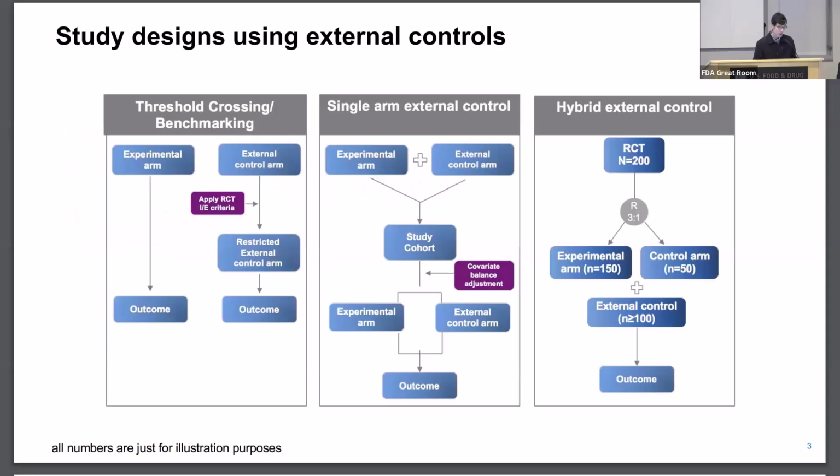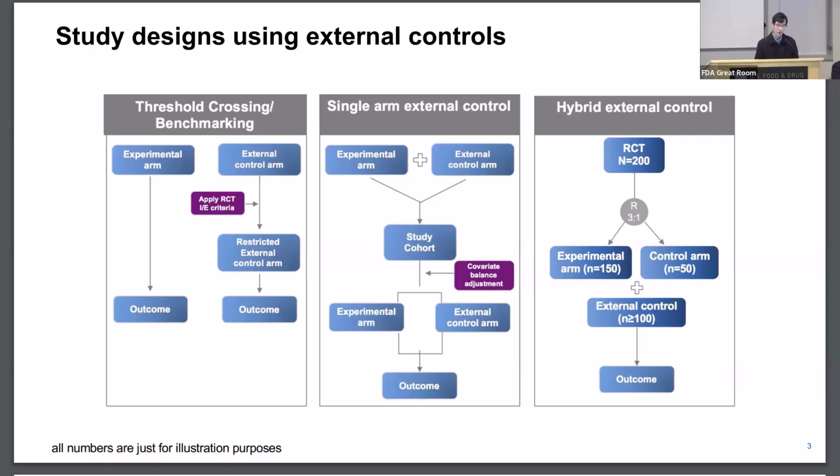As you may know, for study designs using external controls, there could be different ways you can go about doing it. On the left-hand side, there's a threshold crossing benchmarking approach, where in the external control arm, you would have applied the randomized control trial inclusion and exclusion criteria to have a restricted external control arm, and then you would read out the outcome.